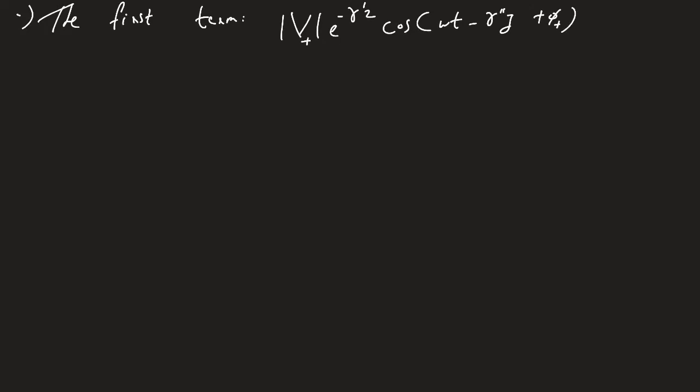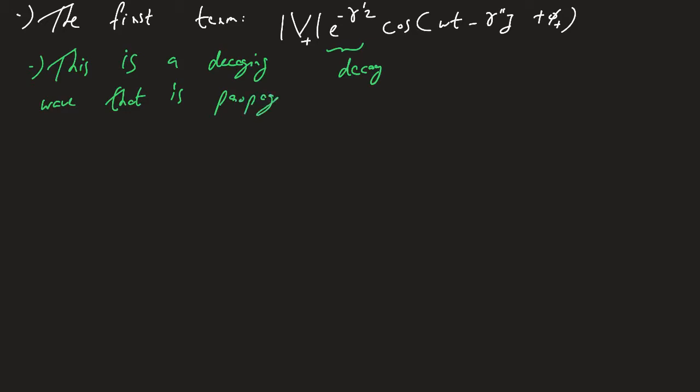This term is a decaying wave, because you see this factor is a negative exponential, so it is a decaying wave that is propagating to the right.